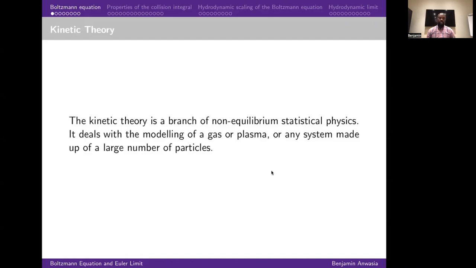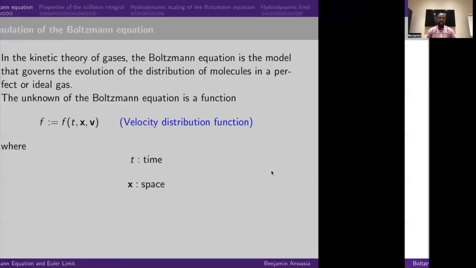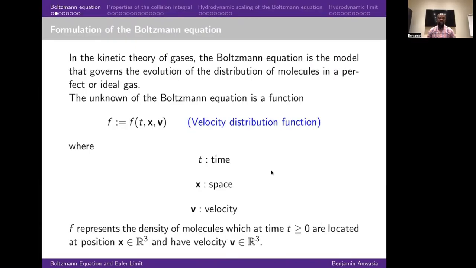Here, t is the time variable, x is the space variable, and v is the velocity variable. The velocity distribution function represents the density of molecules which at time t greater than or equal to 0 are located at position x in R^3 and have velocity v in R^3.